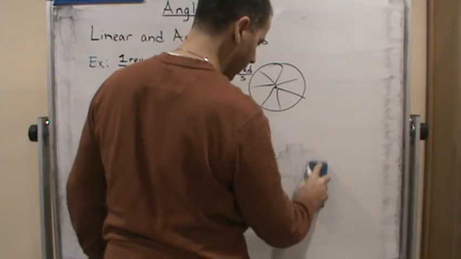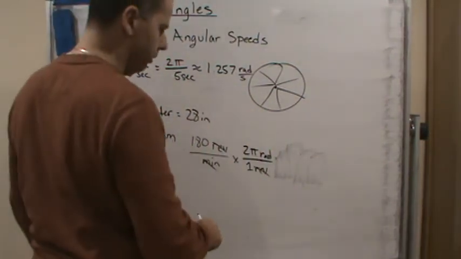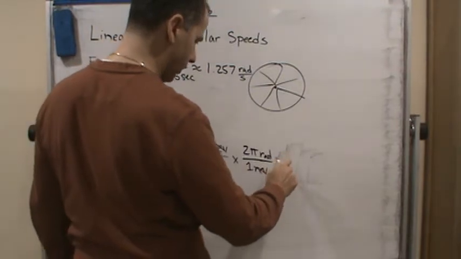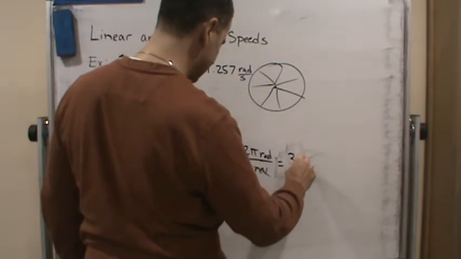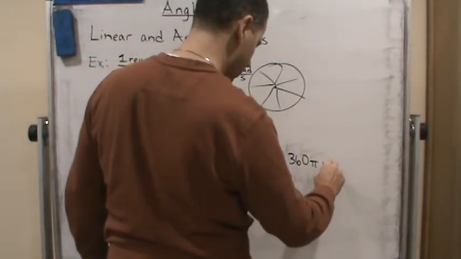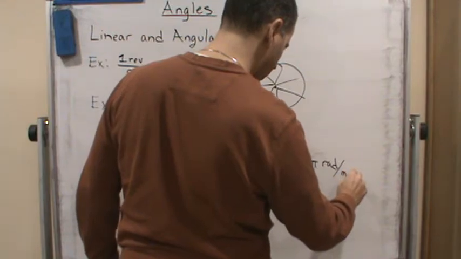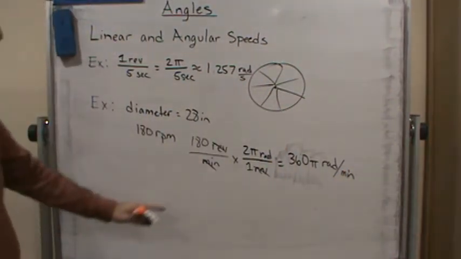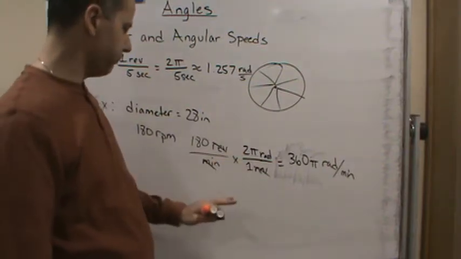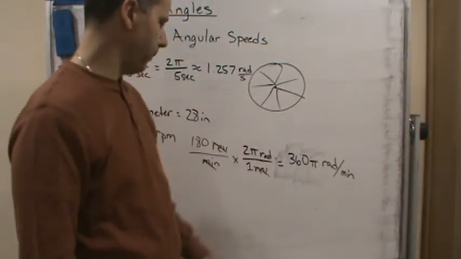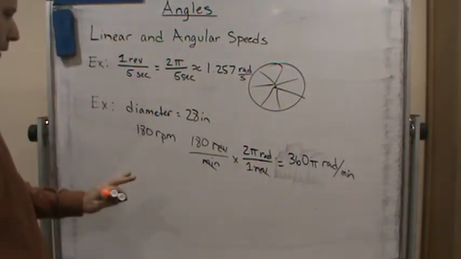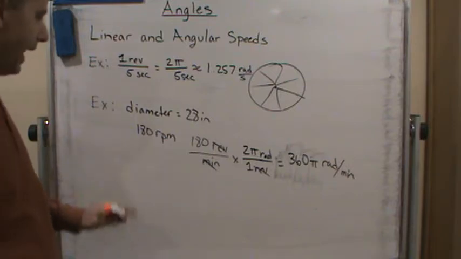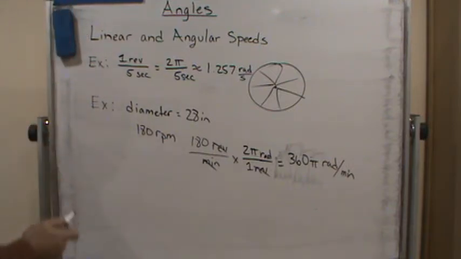We can always convert it to miles per hour later on. So this is going to be 360 pi radians per minute. I don't want to change it to hours yet, so I just kept it at radians per minute. And so now what are we going to do? Well, now we're going to use our formula.